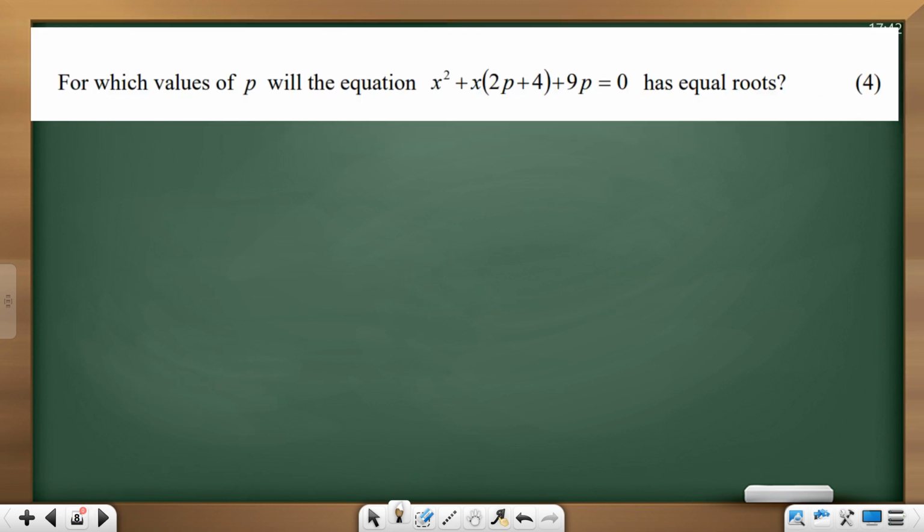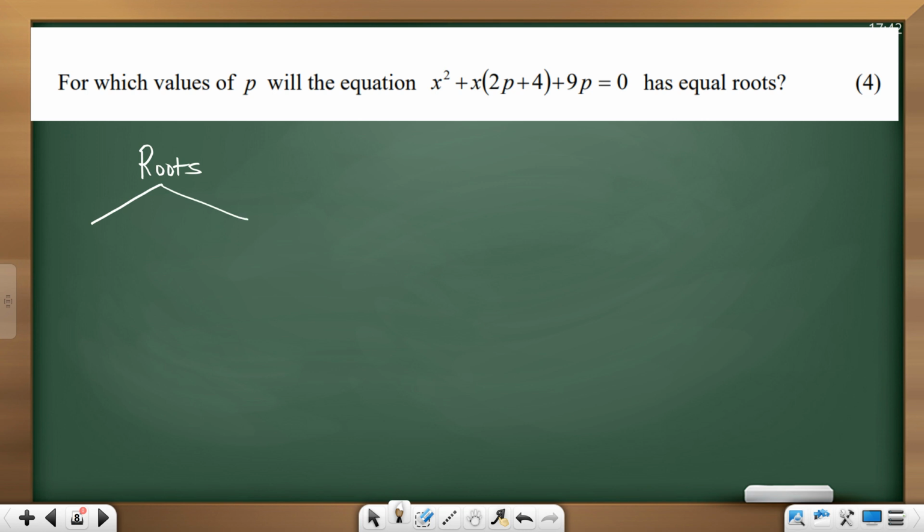Okay, let's quickly go to this. Nature of roots. For which values of p will the equation... Listen, if you want to pass this, you must understand the fundamental values of nature of roots. That roots can either be real or non-real. We cannot forget that.